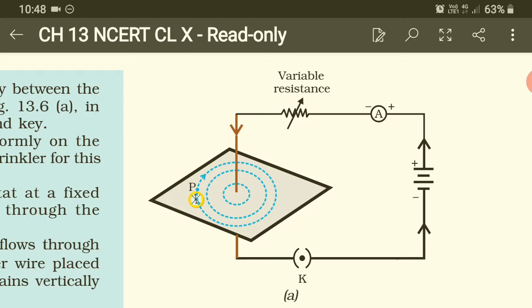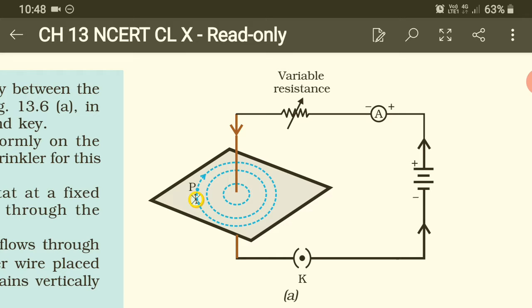But here, how would we come to know that this magnetic field is the same as that around a bar magnet? We will do the same thing. Around the bar magnet also we sprinkled iron filings, so here also on the cardboard we will sprinkle some iron filings.